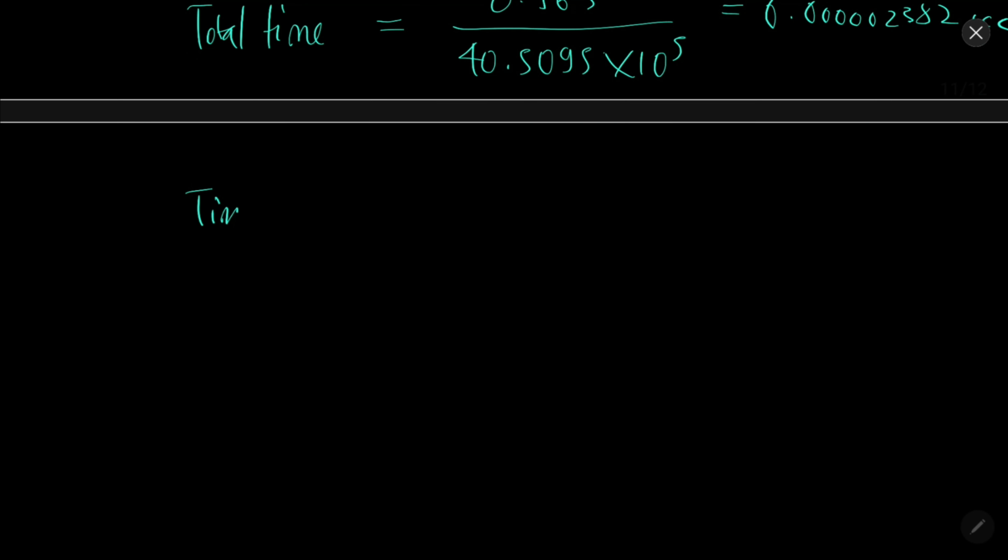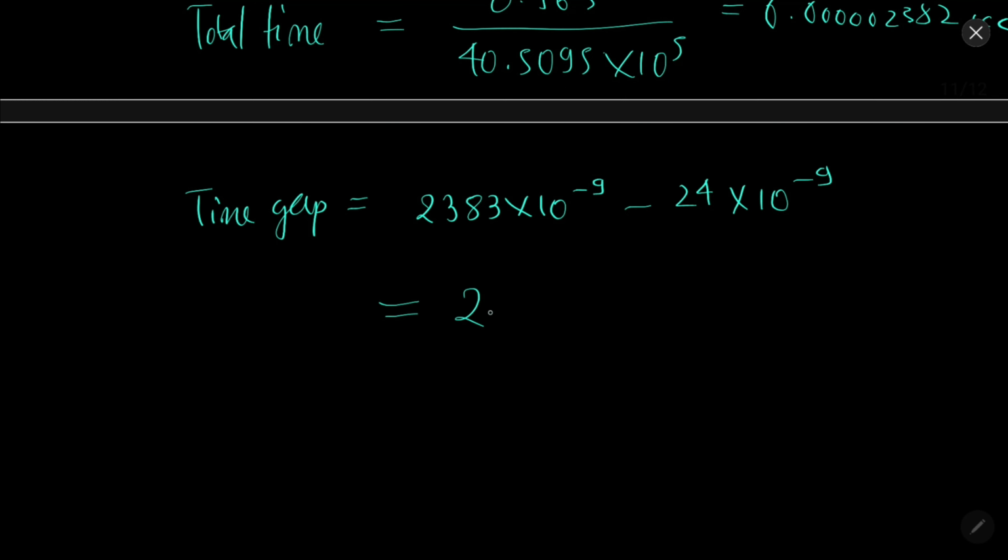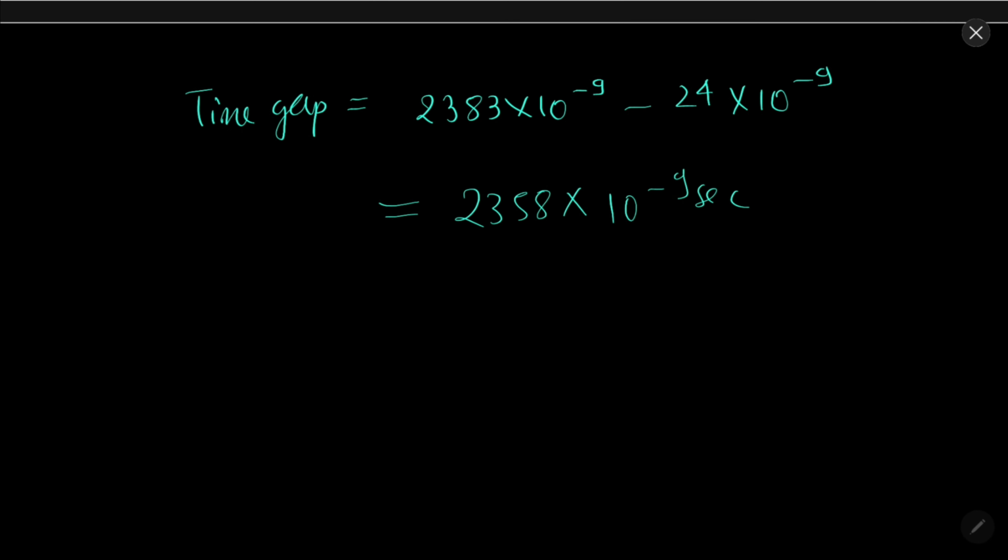So time gap that we have is 2383 into 10 to the power minus 9 minus 24 into 10 to the power minus 9, 2358 into 10 to the power minus 9 seconds gap.